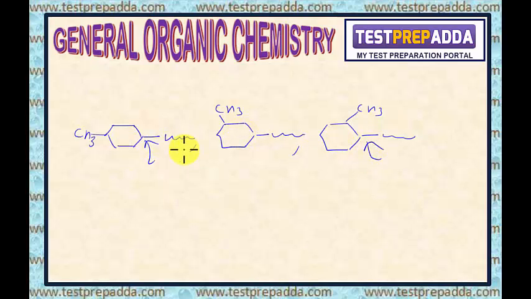You can see all three will show plus I effect, but in which case the attached methyl group is closest to the carbon which is attached with the carbon chain, in this case. So this will be number 1, and then this is number 2, this is number 3. Point is clear. So these are the different points by which we can compare the inductive effects of different groups.